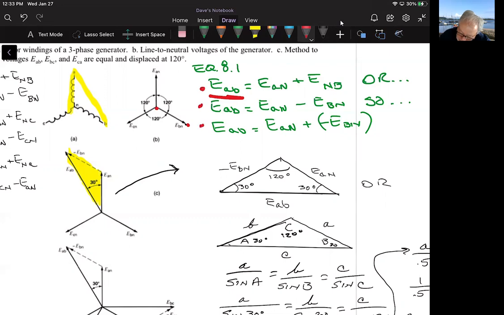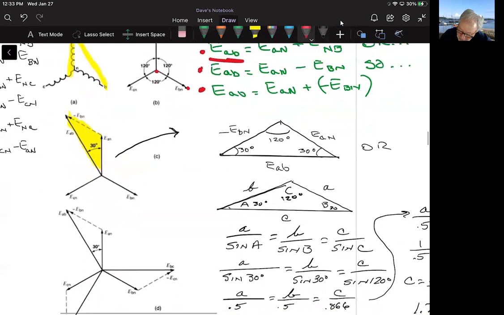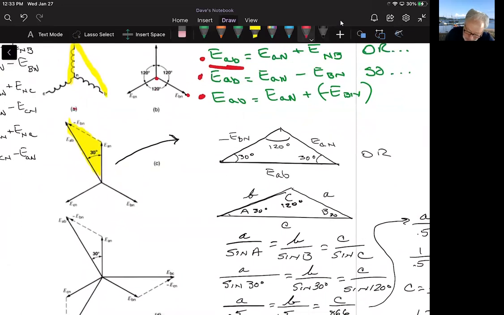Now, let me do this thing here, and then I'll show you the textbook solution and his way to solve this. If I took one of the phases of the three-phase phasor representation, and I'm going to turn it so that EAB is here, and then EAN is here, and then this minus EBN, which is just another way to write positive ENB, is here, okay?